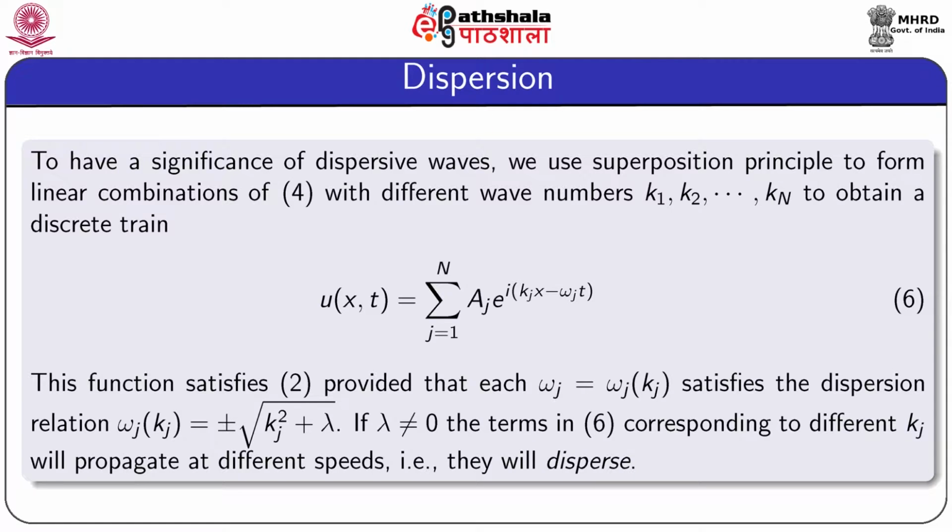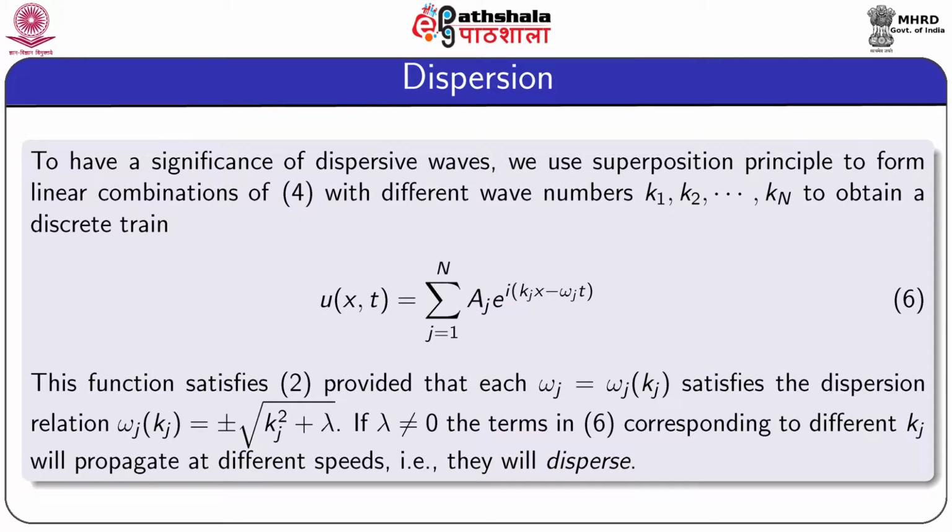That means, we can prove that u having the expression written in 6 will satisfy equation 2, provided omega j is a function of kj and omega j equals plus minus square root of kj square plus lambda, where lambda is not equal to 0.